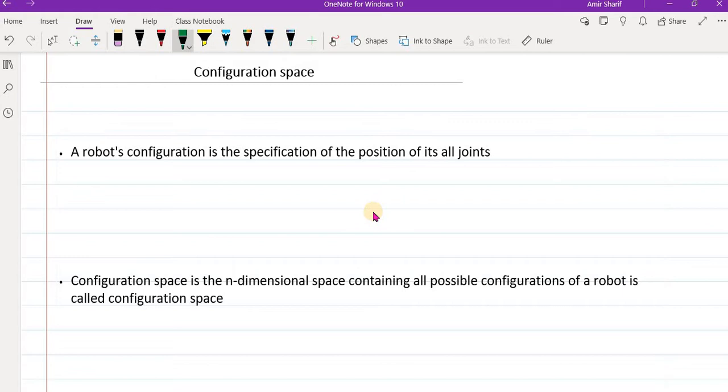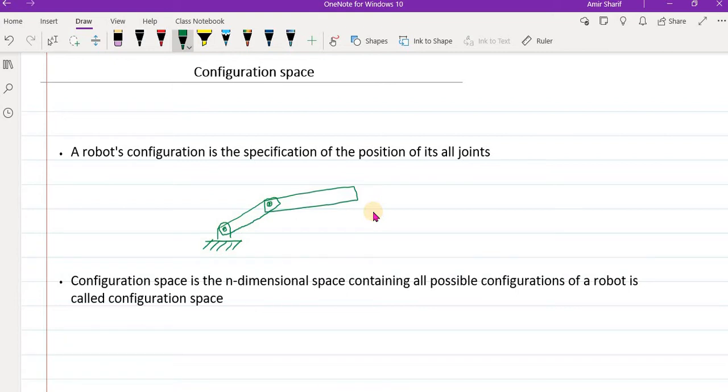So let's say you have a 2-link robot, here I draw it like this. Here you have a fixed base, and then you have a joint, and then you have this link 1, and this is your second joint, and this is the link 2.